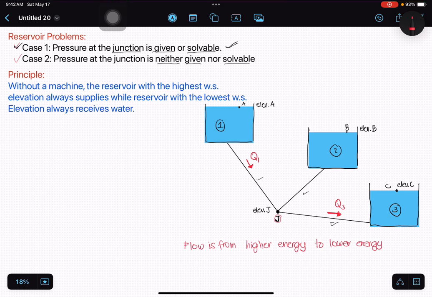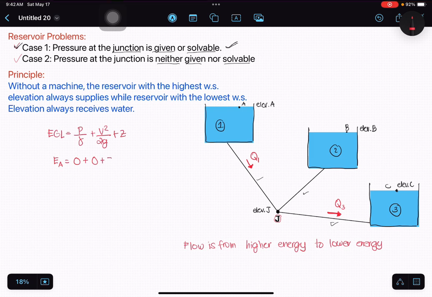Okay, so ano ba yung mga total energy na nararamdaman ng mga points natin, points A, B, and C? Remember, the total energy is equal to P over gamma, pressure head, plus velocity head, plus the elevation head. So, kung kukunin natin yung total energy at point A, yung pressure head natin is, di ba, 0? That is because open siya sa atmosphere. And then, ang velocity natin is negligible, so i-zero din natin siya.